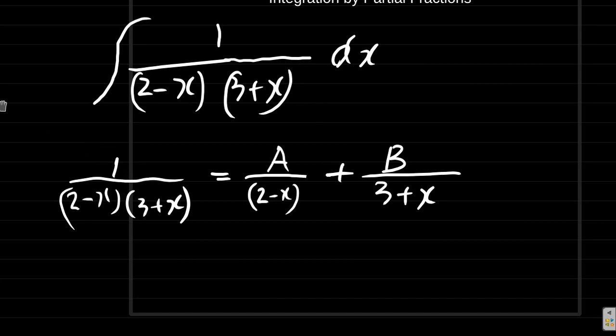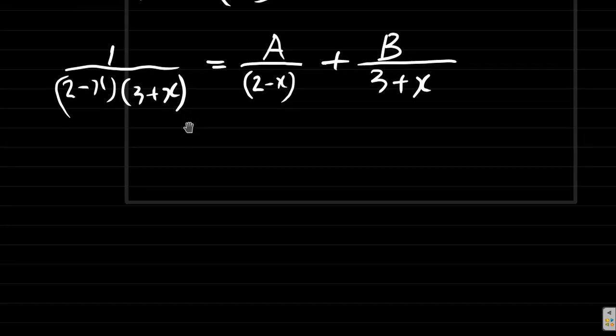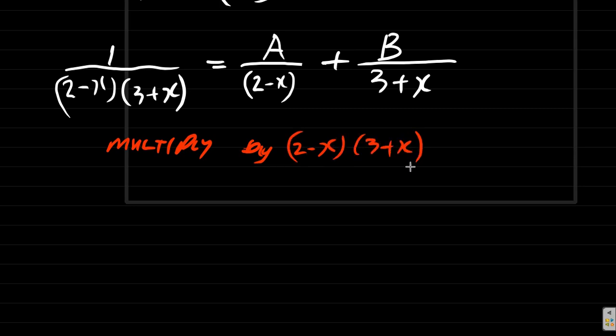So when we have this, what would happen? We multiply by the full denominator, 2 minus x, 3 plus x, right?